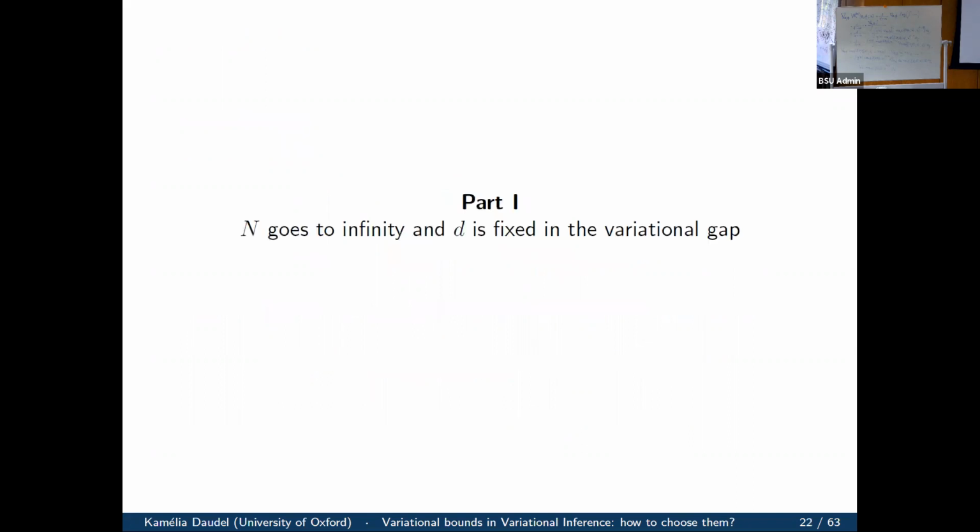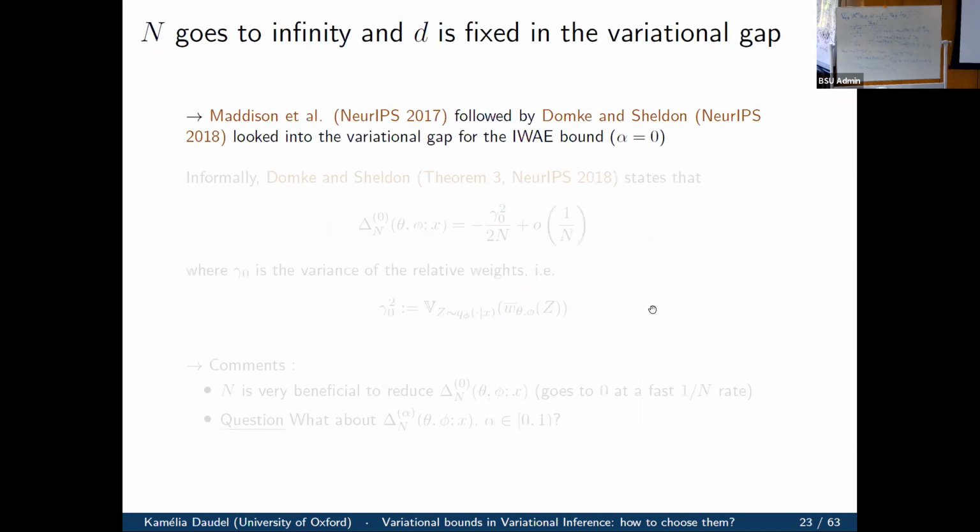So I'm going to consider in this first part the case where n goes to infinity and d is fixed. Why do I consider this case? Well, it's because I know that very cool people at NeurIPS 2017, Maddison and co-authors, I think Arnaud is a co-author of that paper, and then Domke and Sheldon in the following NeurIPS conference looked into the variational gap in a very specific case.